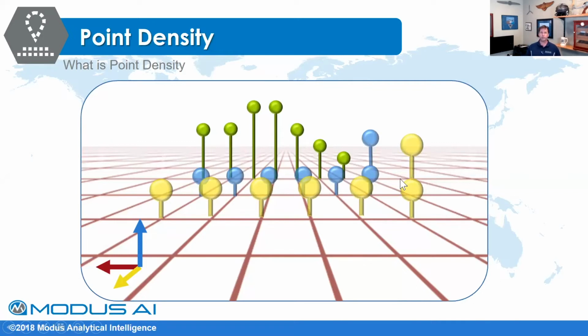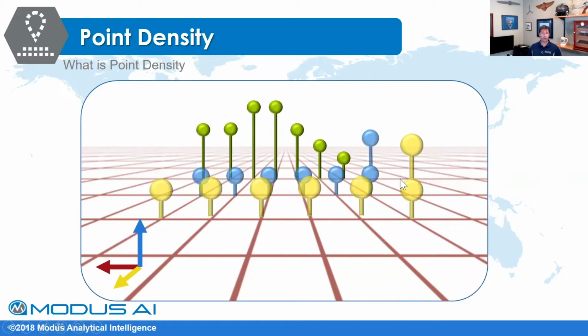Now for systems like a Velodyne or a Riegl, depending on what you're going to be using, you're going to be collecting somewhere between 200,000 to upwards around 700,000, maybe even if you have dual return type of options, up into the millions per second.